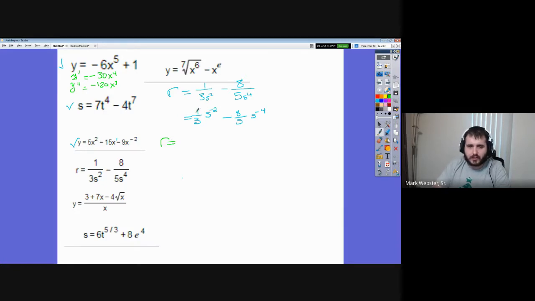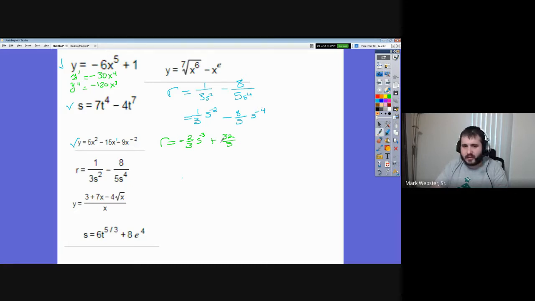Once again, I'm going to bring down the negative 2. So this is now negative 2/3. And then s, we're going to have the negative 2 go down to negative 3. Then we're going to do the same thing. We've got the negative 4 coming down, so negative 8/5 times negative 4 is positive 32 over 5, right? 8 times 4 is 32.